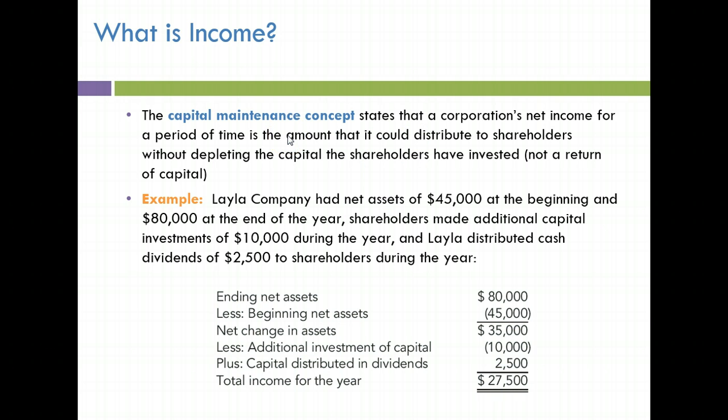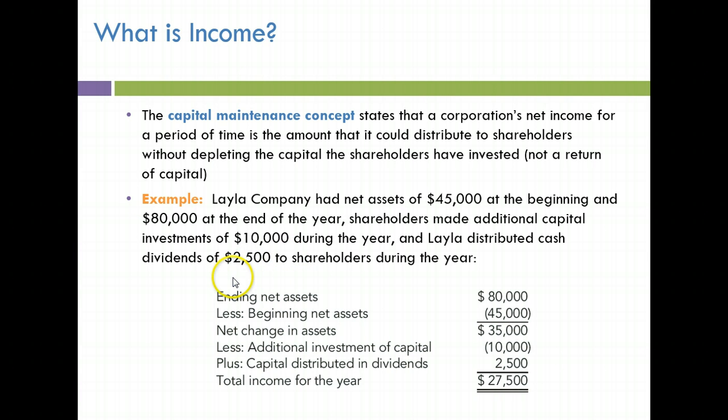Here's an example. Layla Company had net assets of $45,000 at the beginning and $80,000 at the end of the year. Shareholders made additional capital investments of $10,000 during the year. And Layla distributed cash dividends of $2,500 to shareholders during the year.